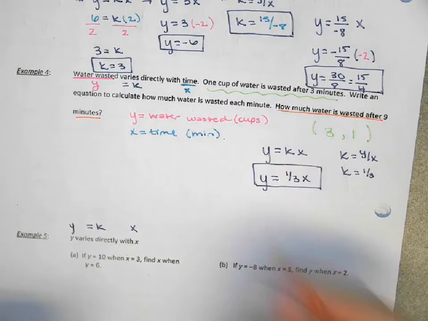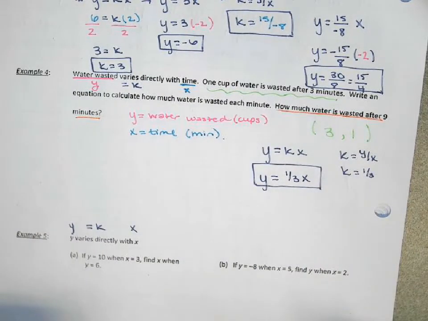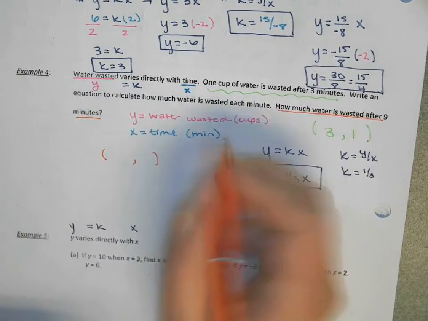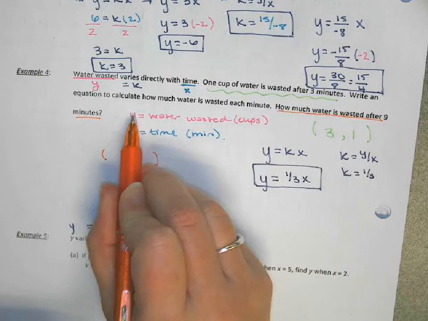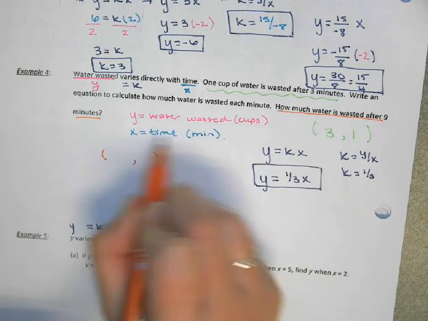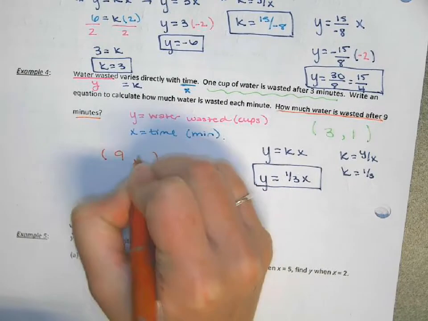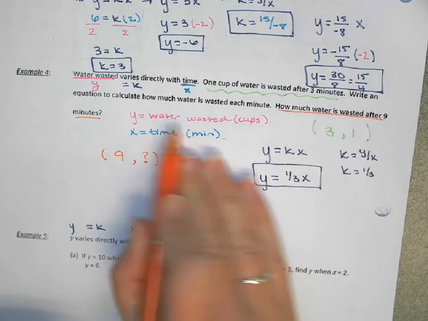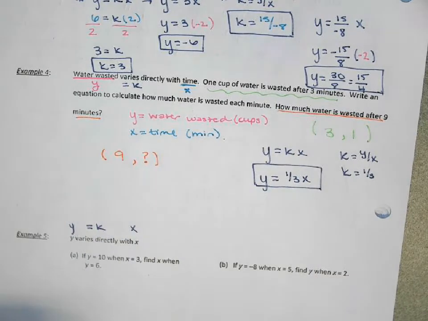So what do I have? Do I have x or do I have y with that point? If I have 9 minutes, is that x or is it y? It's x. X is time. So I know I have x there. That means I don't know what y is because it says how much water is wasted. The water wasted is y, so that's what I'm looking for.